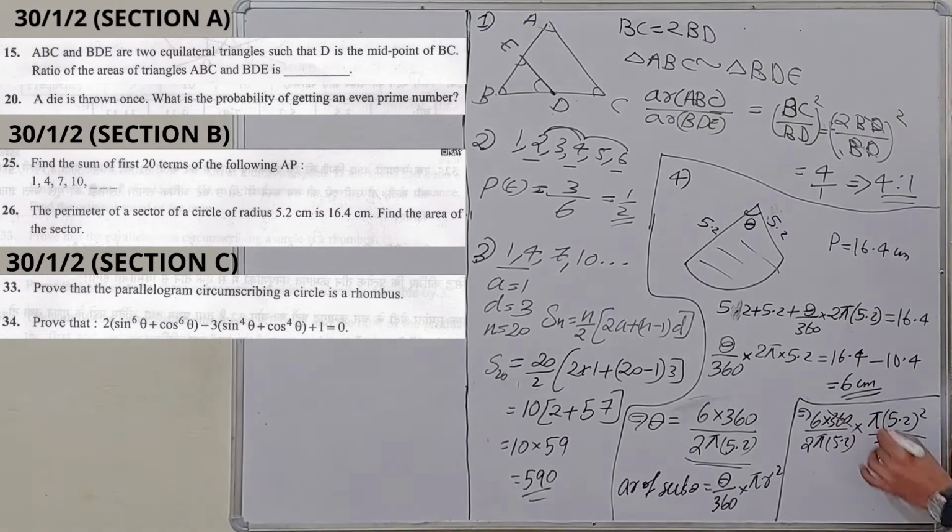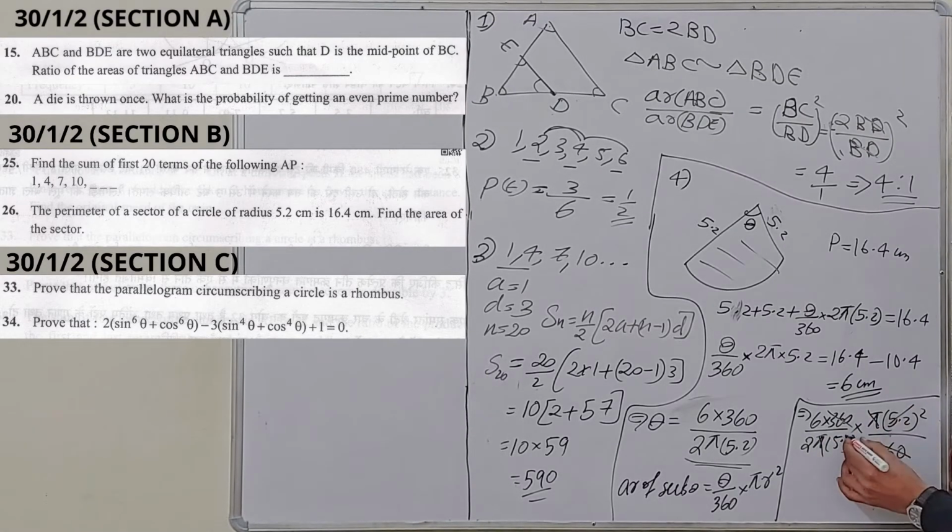This 360 is cancelled, pi is cancelled, 5.2 is cancelled. Then here 2 into 360 cancelled, here 6 by 2 is there, that is 3. 3 into, here one more 5.2 will be there. 3 into 5.2 is 15.6 centimeter.